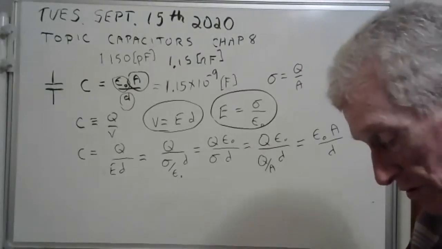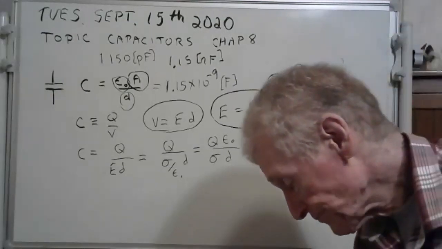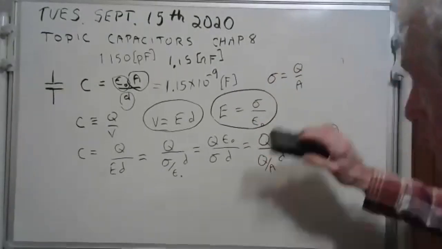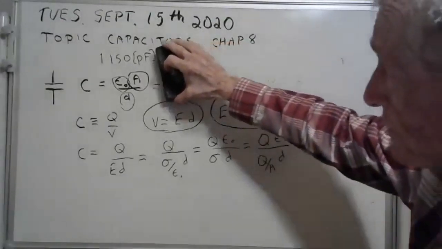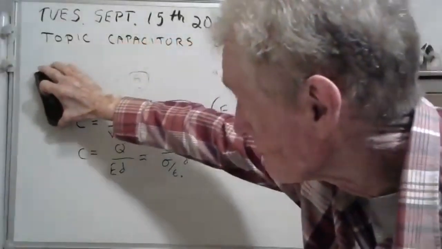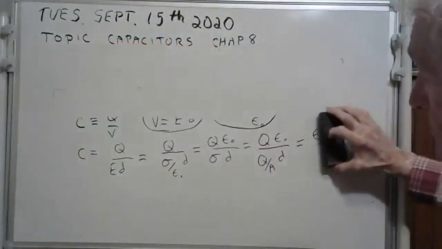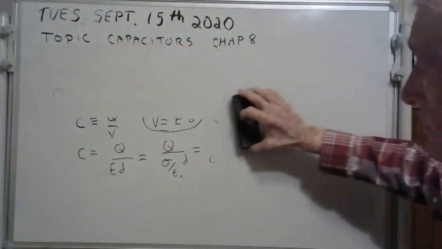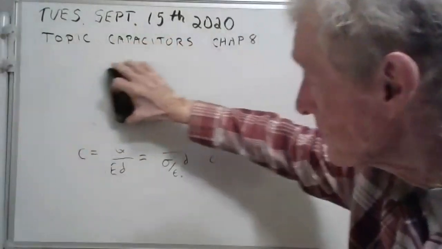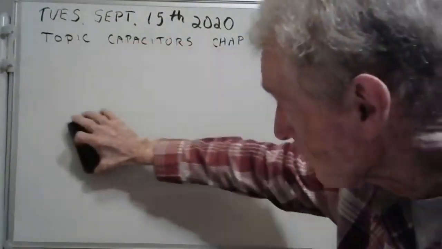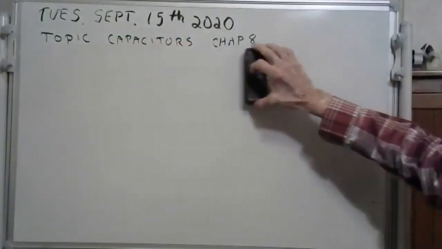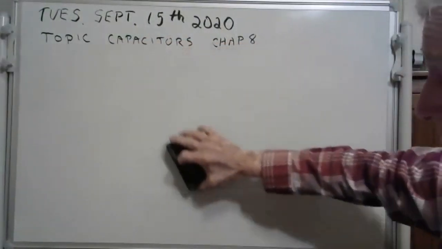Okay, we're going to put them in series and parallel now. I just need some room here. We're studying capacitors. If you ever look inside a radio or a TV or a cell phone, they have capacitors in there.